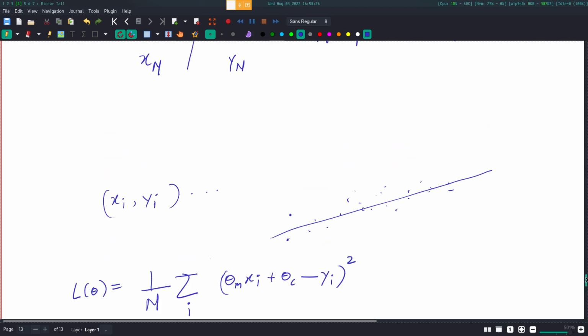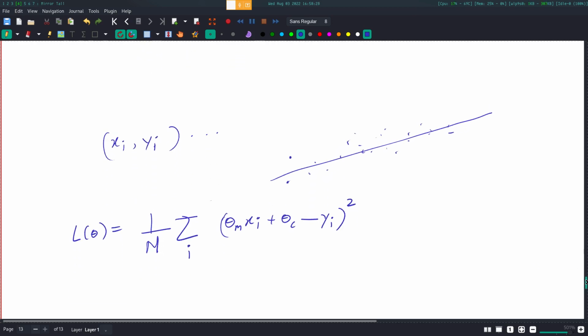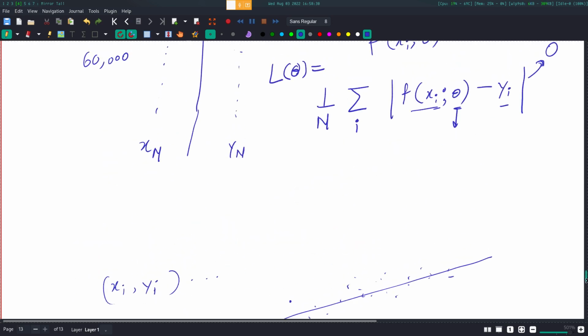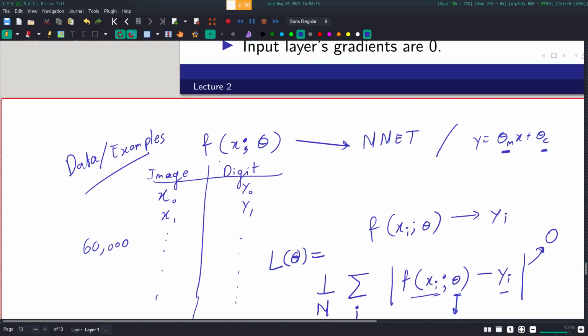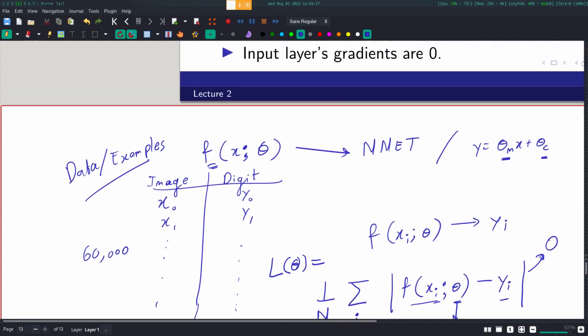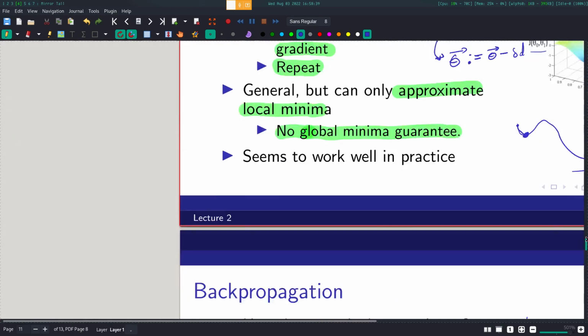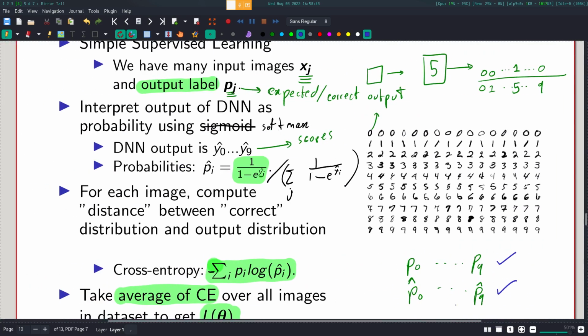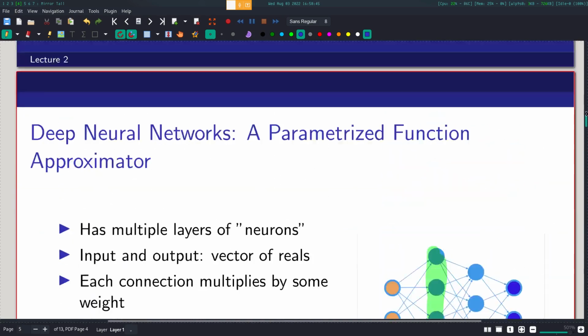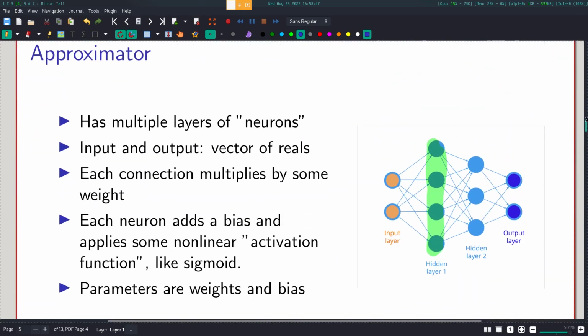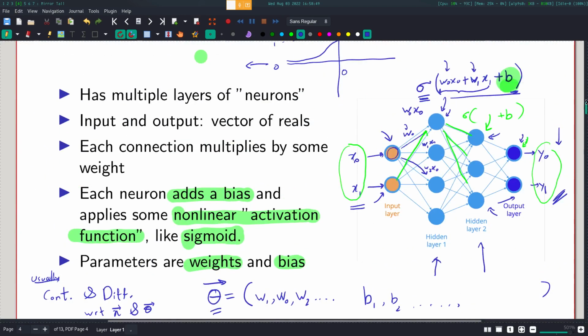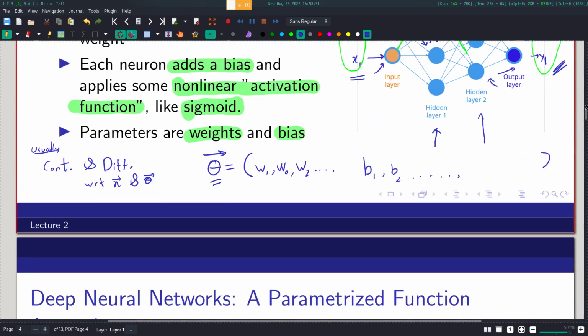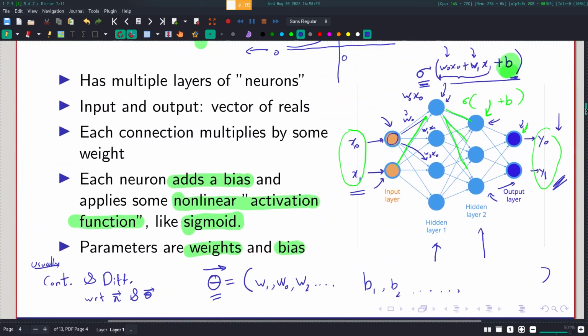But in our case, the only part where things become complicated is that our f is complicated, right? Going back to those slides, our f basically looks like this complicated thing, and it is doing some computation based on these things.